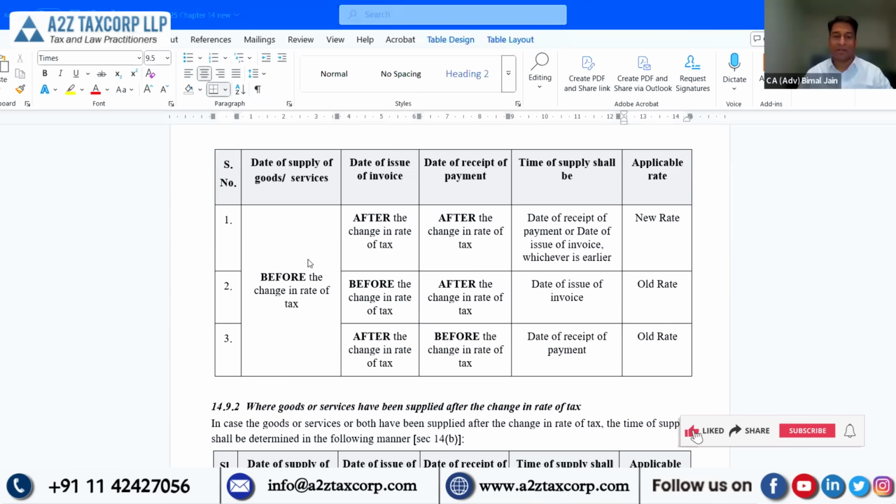There are 3 events: date of supply, date of invoice, and date of receipt of money by the supplier. If 2 out of 3 happen after 22nd September, the new rate is applicable. That is what you should keep in mind.